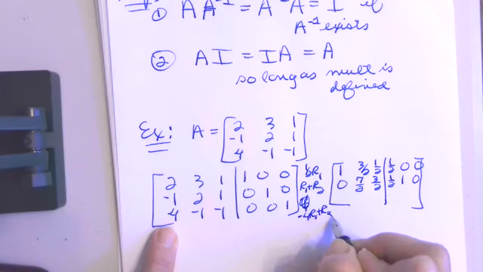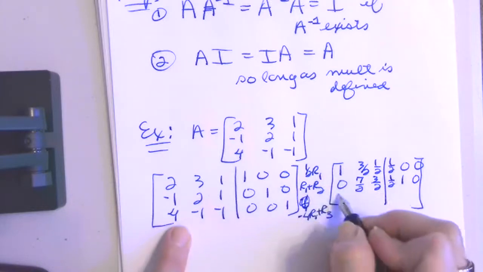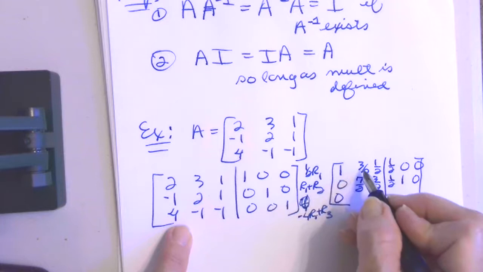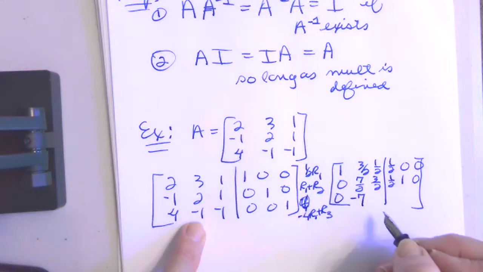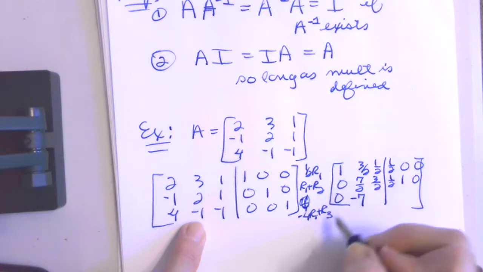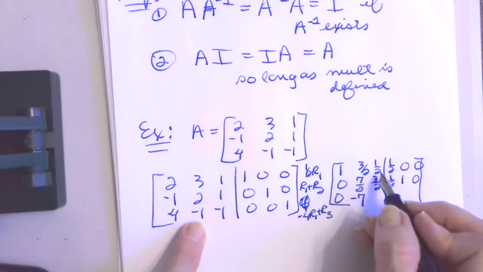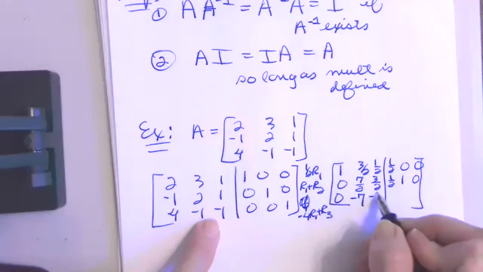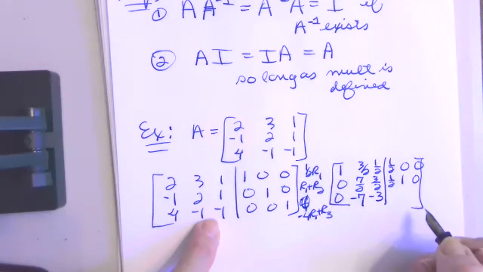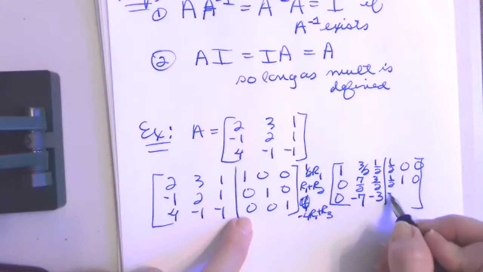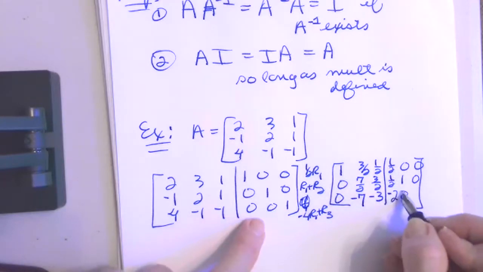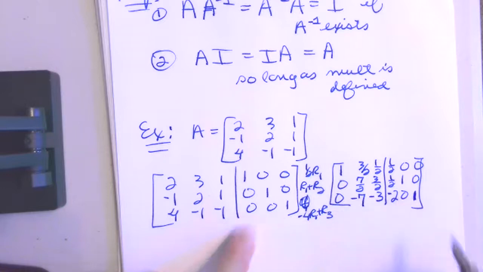So that'll give me -4 and +4 is 0. That'll give me -6 and -1 is -7. Then I will get -2 and -1 is -3. And then I'll get -2 and 0 is -2, 0 and 0 is 0, 0 and 1 is 1.